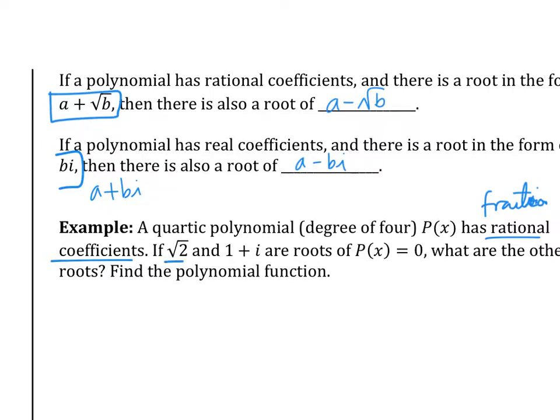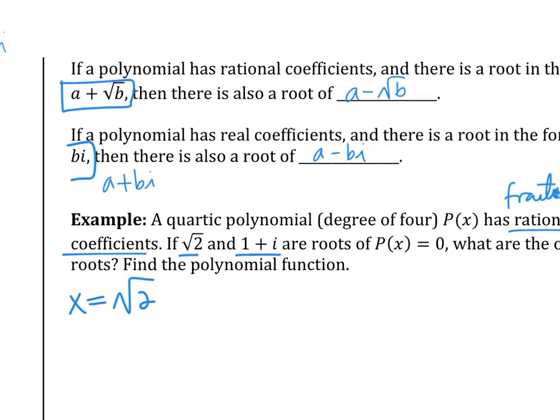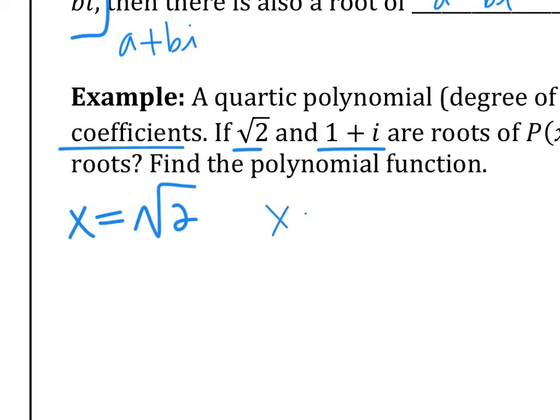If square root 2 and 1 plus i are roots of p of x equals 0, so basically these are roots that make the polynomial 0, what are the other roots? Okay, if x is equal to square root 2 and x is equal to 1 plus i. If x is equal to square root 2, what must also be another root? Negative square root 2.